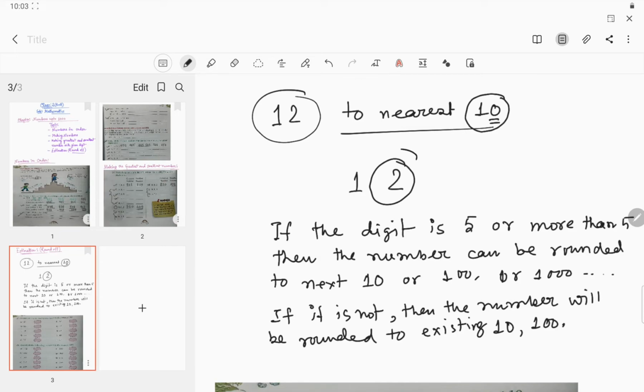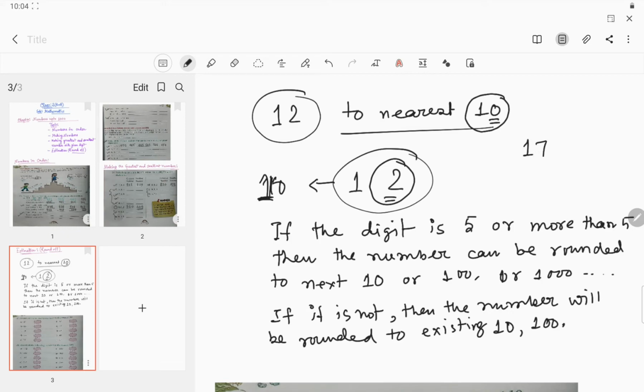Now you tell me, 12 lies between 10 and 20. So existing 10 is only 10. That means if the digit is less than 5, then it can be rounded to the existing 10. So for this question, it will be rounded to 10 because the ones digit is 2, which is less than 5. So 12 will be rounded to 10.